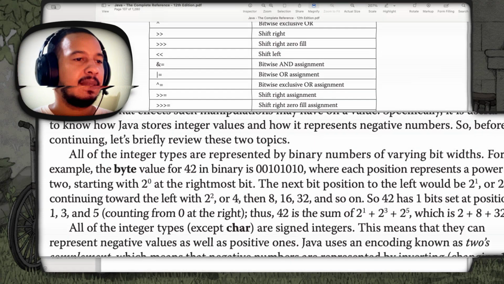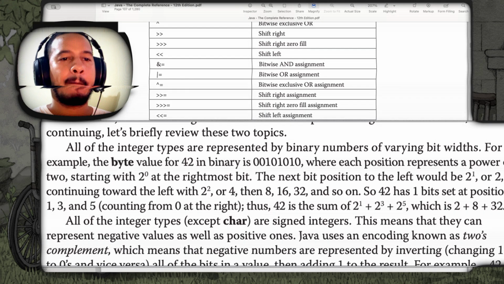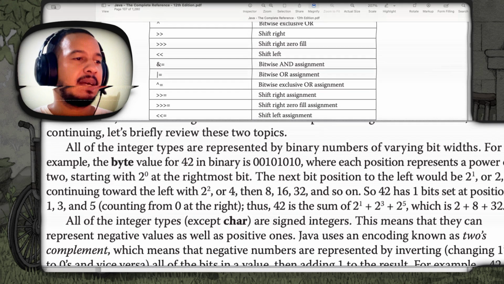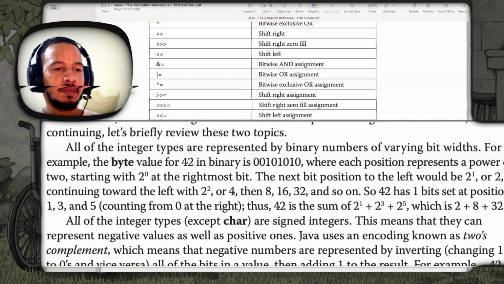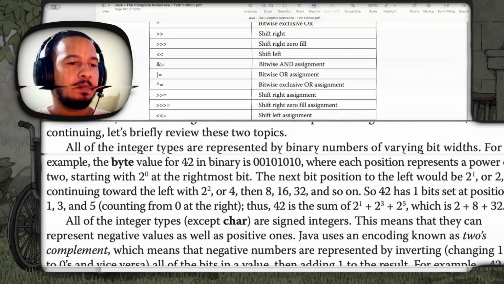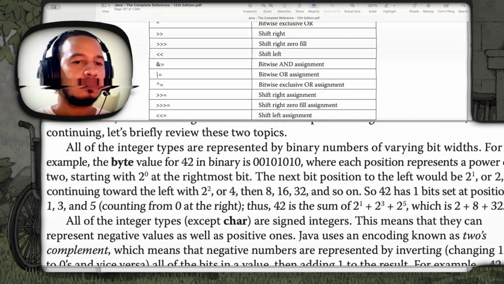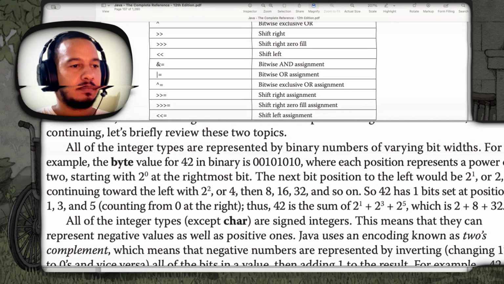All the integer types are represented by binary numbers of varying bit widths. For example, the byte value for 42 in binary is 00101010, where each position represents a power of 2, starting with 2 to the 0 at the rightmost bit.